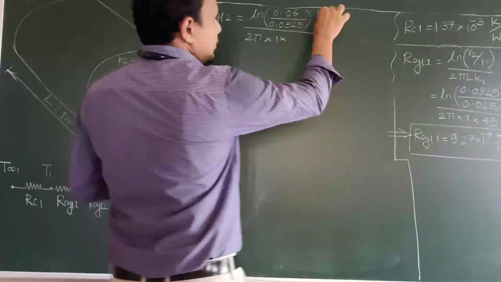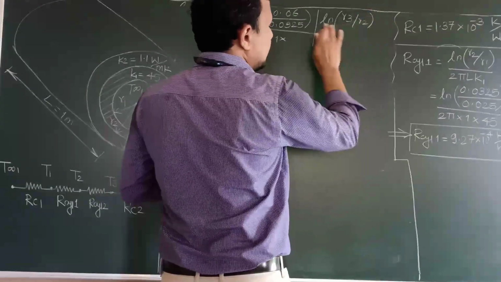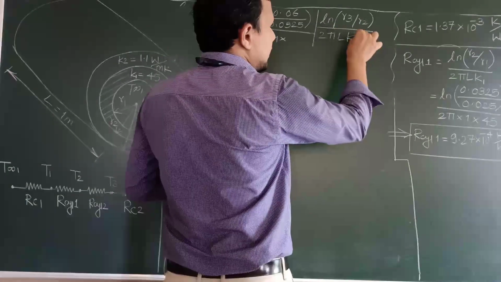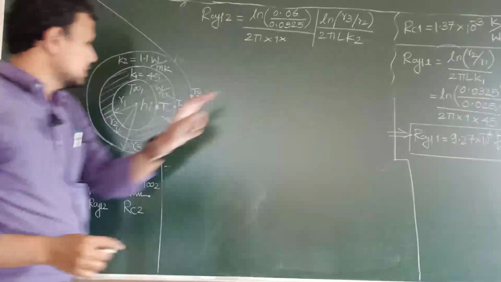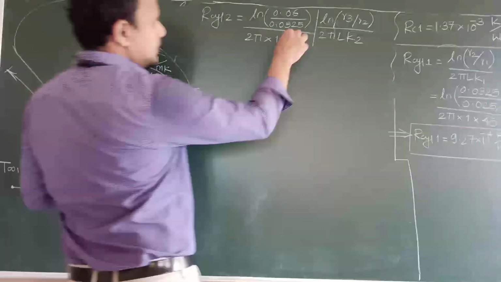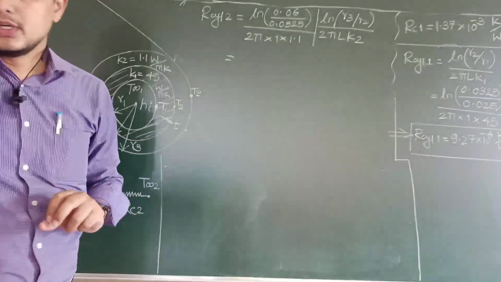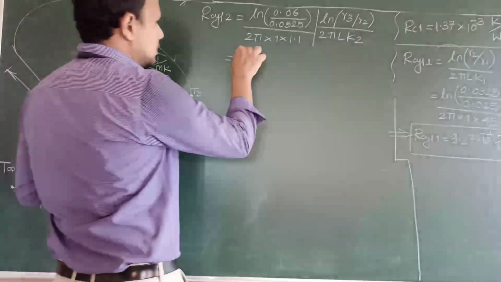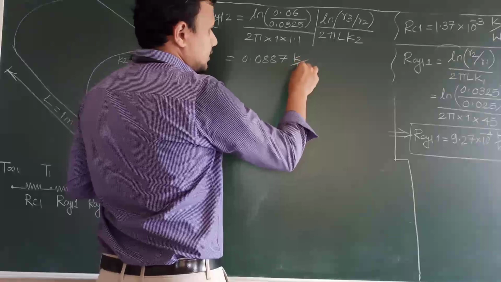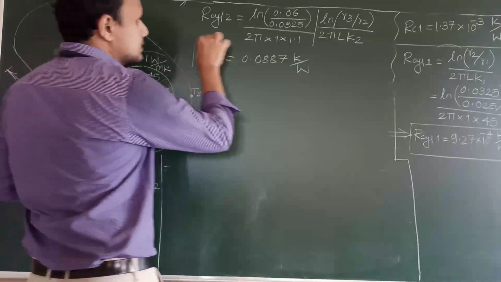Okay, my mistake, I forgot to write down the formula. I directly substituted the value. So this will be ln of R3 by R2 divided by 2 pi L K2. This K is nothing but the conductivity of the insulation. So this K2 is 1.1. So we have written the formula, we have substituted the values, and the answer that you get is 0.0887 Kelvin per watt. This is your conduction resistance for the second cylinder.